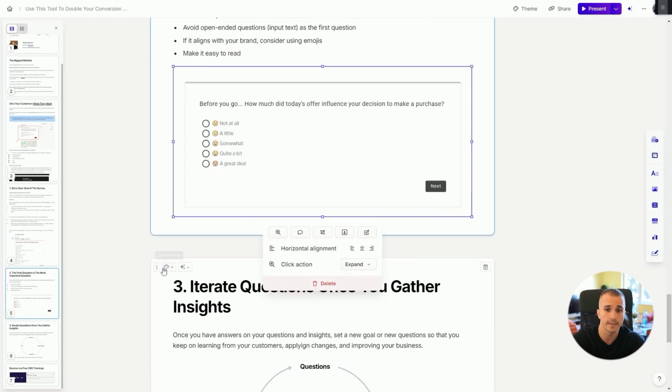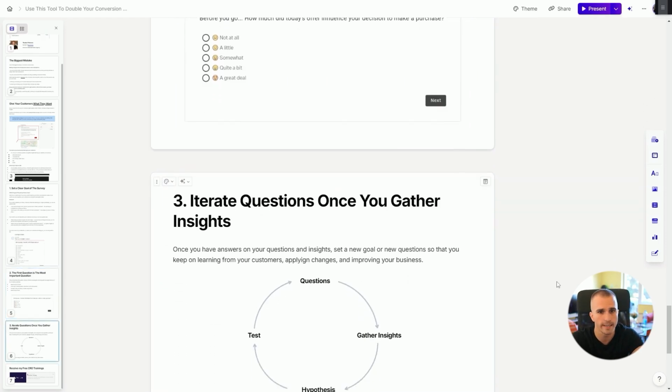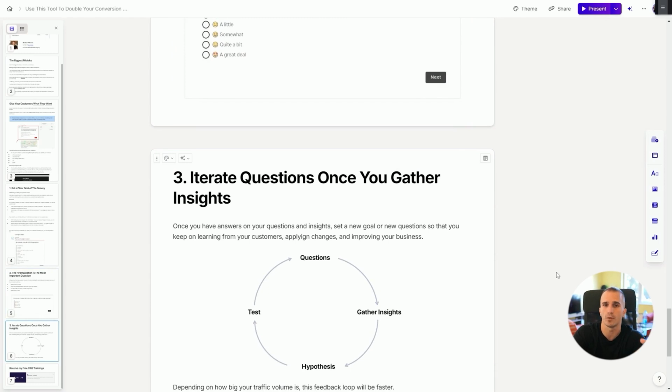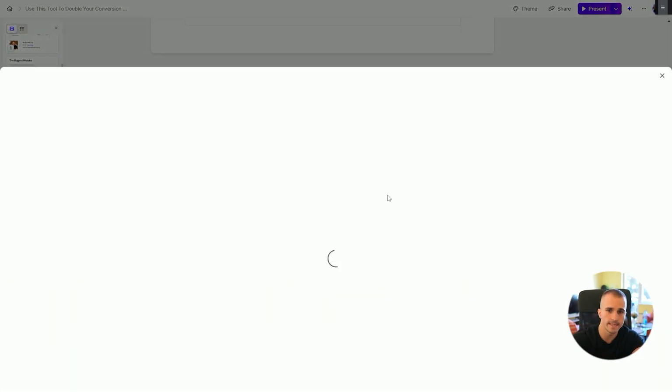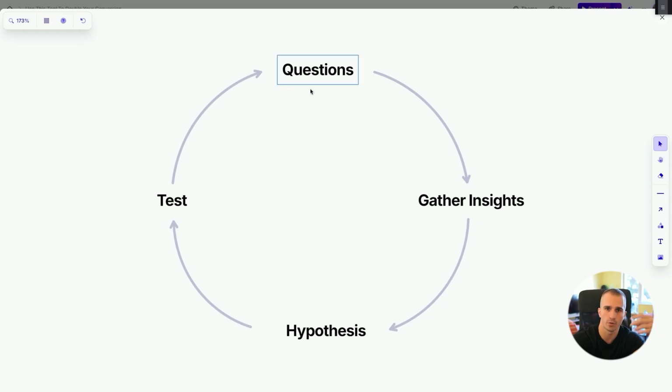So the third thing, and this may be the most important thing, is that you need to iterate on your questions once you gather insights. So once you have the answers to your questions, you want to set a new goal for the post-purchase survey, new questions, so that you keep learning from your customers, applying changes and improving your business. So this is how this loop looks like. You have your questions that you ask, you gather the insights from them, then you create the hypothesis.